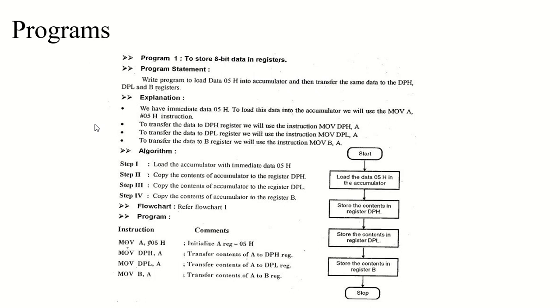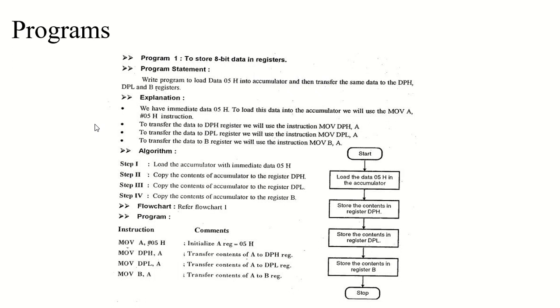Always remember, how do we get the data into something? We use the move instruction, and what is the correct order to mention them? The one who is sending the data stays on the right side, and the one who is receiving the data stays on the left side.